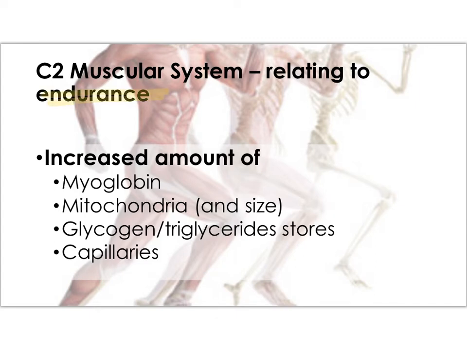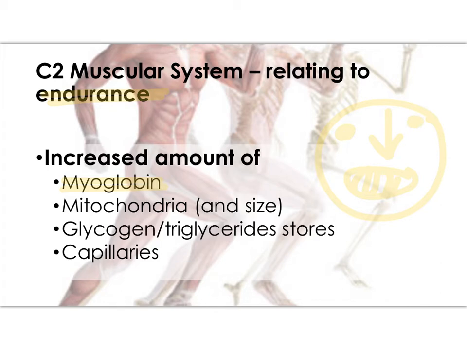So changes in the muscle relating to endurance training. So this is the moderate intensity, longer, prolonged exercise. We're going to get increased amounts of myoglobin. Now myoglobin, if you remember, in the muscle cell, here's our mitochondria. We've got glycolysis going on here in the sarcoplasm. And your myoglobin are here, and they're little storage units for oxygen.